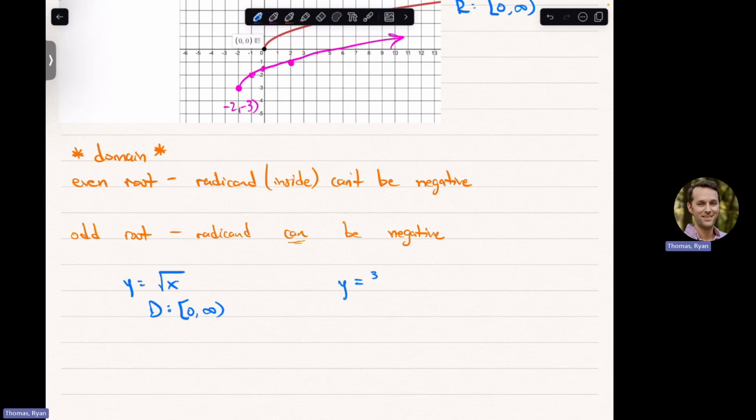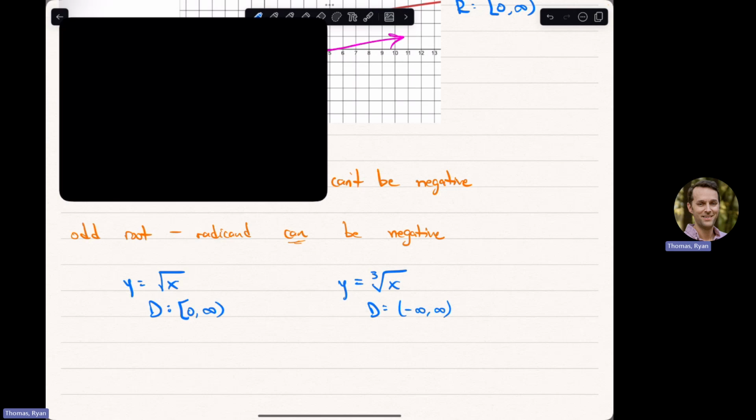On the other hand, for the cube root function, the domain is the whole real line. Okay, so that's a key difference that we'll need to keep in mind and deal with. But that gives us a good start, and we'll see how all the details work out in class. Okay, so thank you, and I will see you in class.